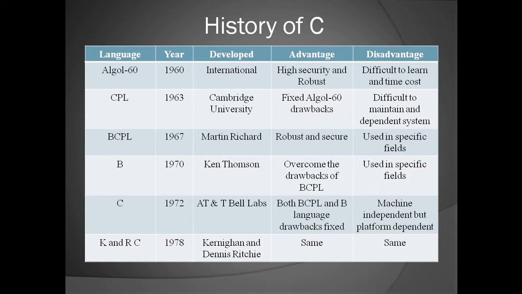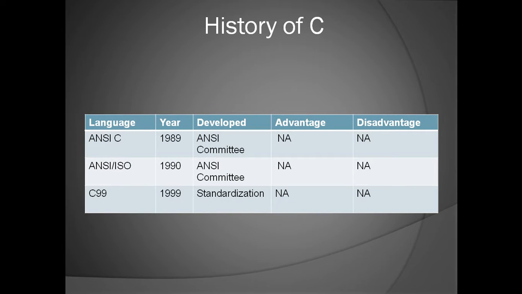See, there is a nearly 10 year gap. If you see the graph, in 1978 as well as in 1989, in between these 10 years, there was no concept of these two committees. So every company began to develop its own C language to communicate with the market.